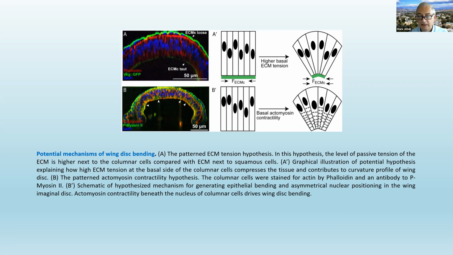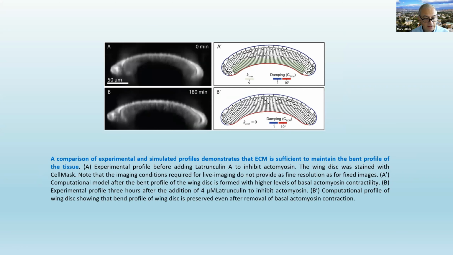We thought that interaction with ECM on the bottom, which I mentioned briefly, is important. And we thought that actomyosin contractility on the bottom was important. And after running simulations, we came up with the following predictions: that nuclei distribution is controlled by actomyosin contractility. That process determines the curvature, but it's unstable without interaction with ECM.